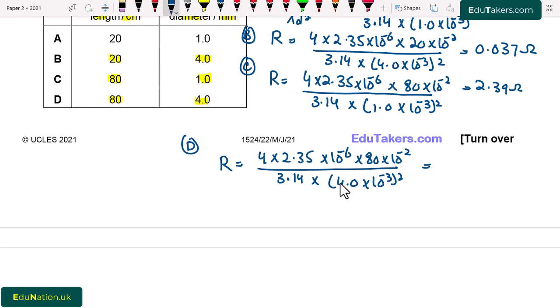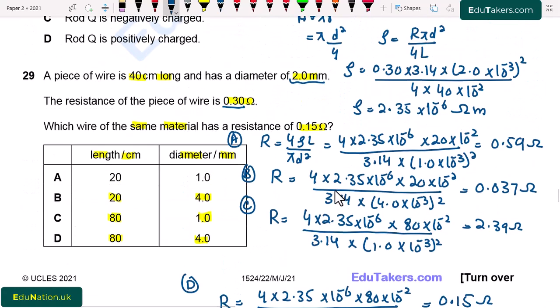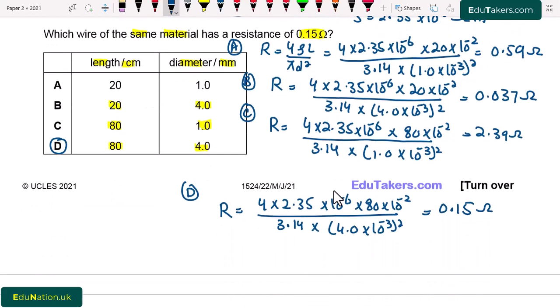So it will be equal to 0.15 ohm. So in this question, which wire of the same material has a resistance of 0.15? D option is correct, for which I calculate the resistance and it comes to be 0.15 ohms.